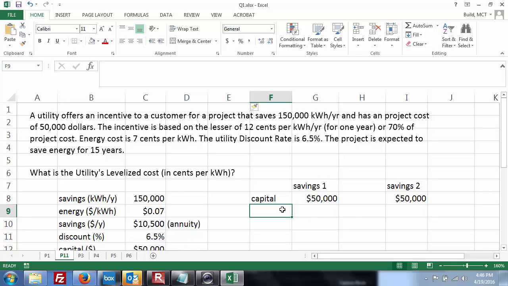Now, in savings 1, the incentive is based on the lesser of 12 cents per kilowatt hour. So does this mean they're going to pay you 12 cents per kilowatt hour for every kilowatt hour you saved?